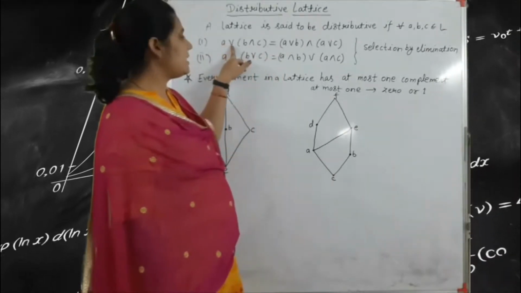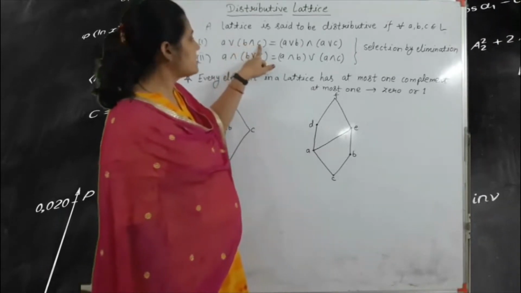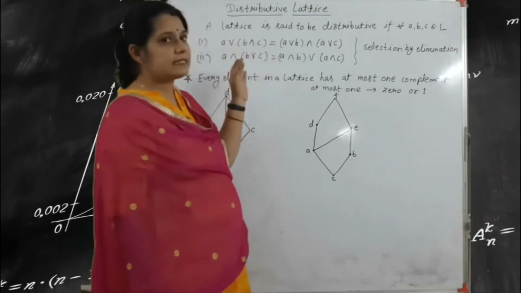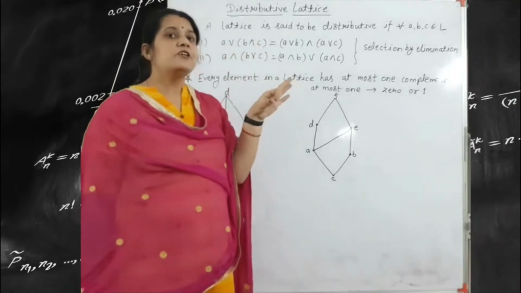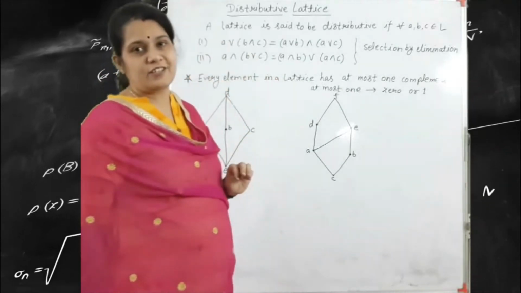The first condition is A join (B meet C) is equal to what? Assume here that join and meet are the union and intersection signs.